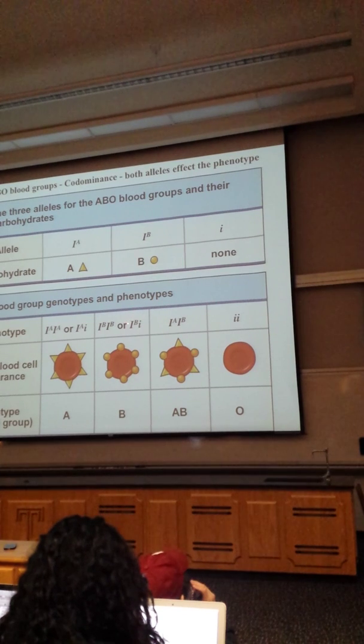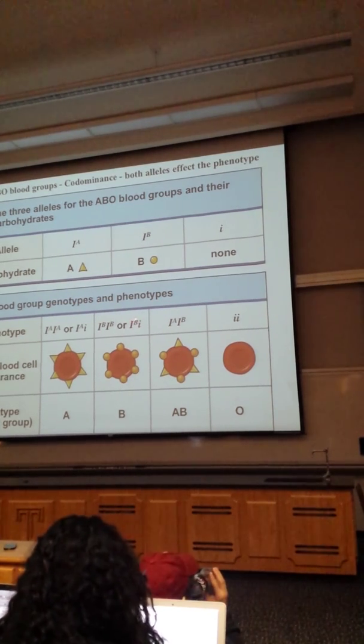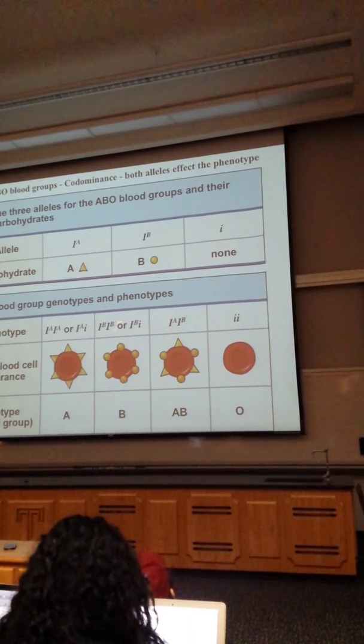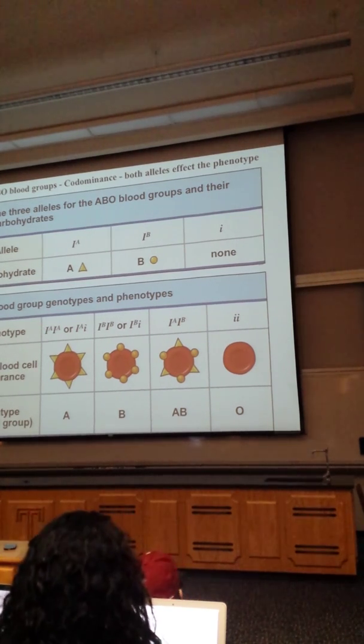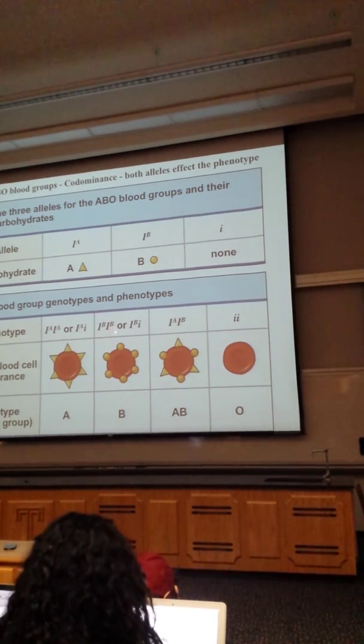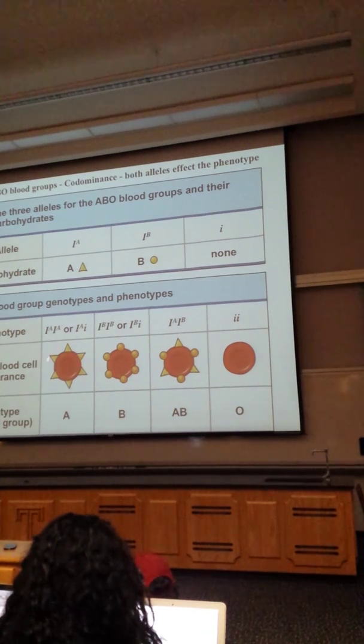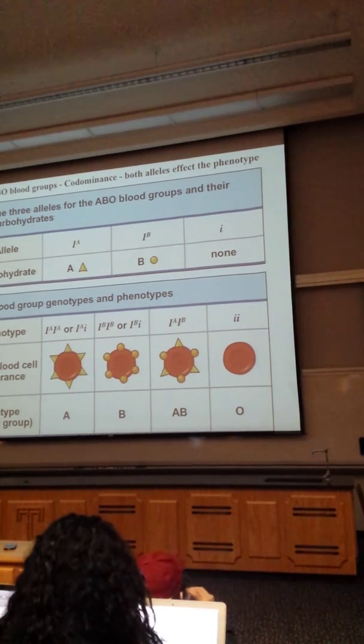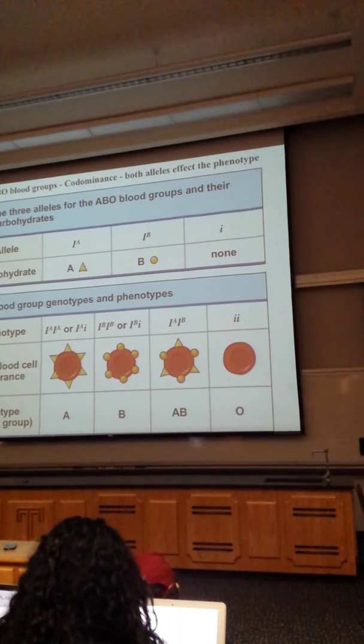Or this individual would have the allele encoding the B chain, but then also the non-functional enzyme. So the difference between this and this and this and this is the amount of the carbohydrate chain on the red blood cell surface. Does that make sense to everybody? Anybody have a question? Or can I repeat anything again? None of this is in your book.